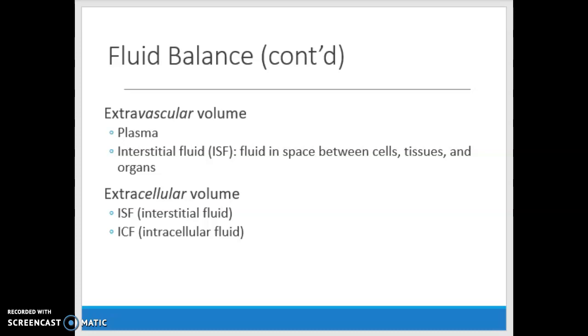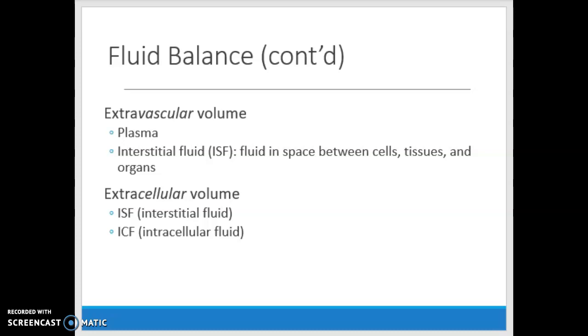So the difference in concentration means that the fluid flows from the areas of low concentration in the interstitial fluid to the areas of higher concentration inside the blood vessels to create an isotonic environment. Isotonic means that the concentration of solutes present in the solutions is the same, so they're exerting the same osmotic pressure.